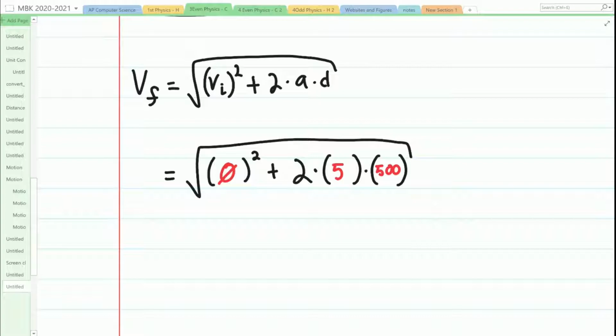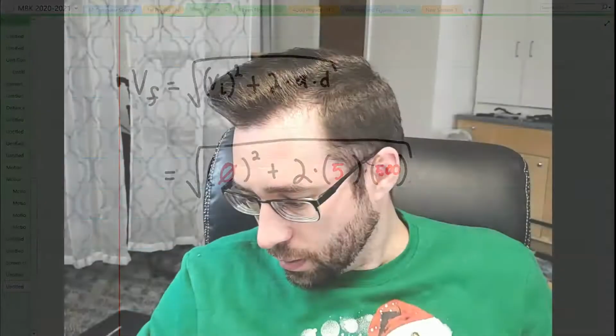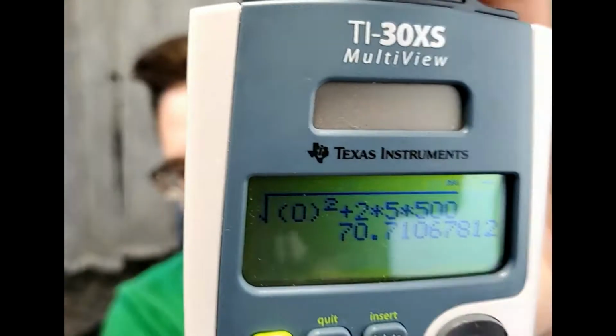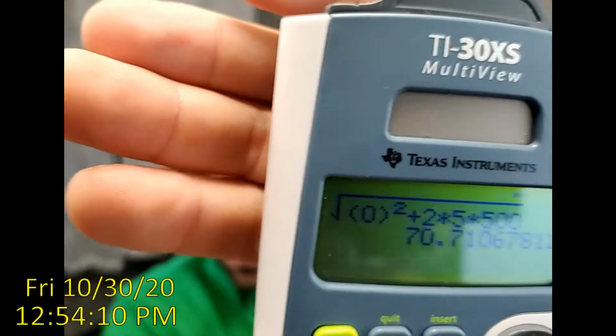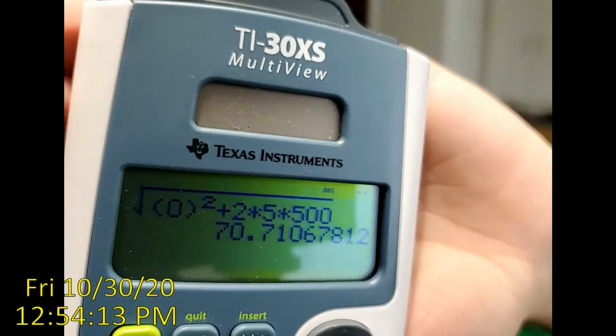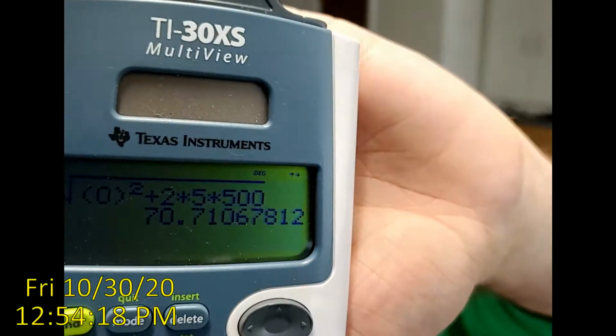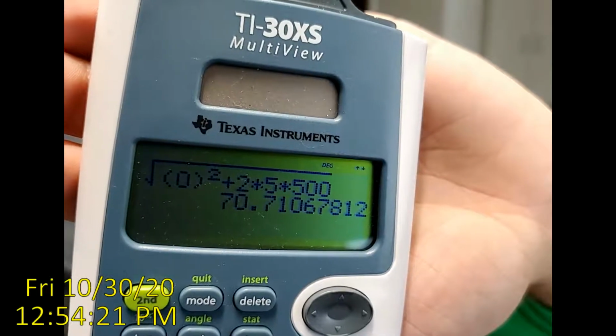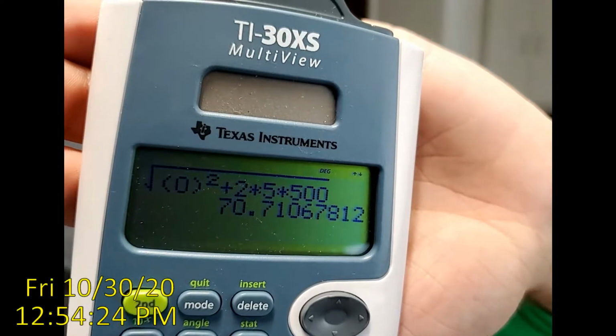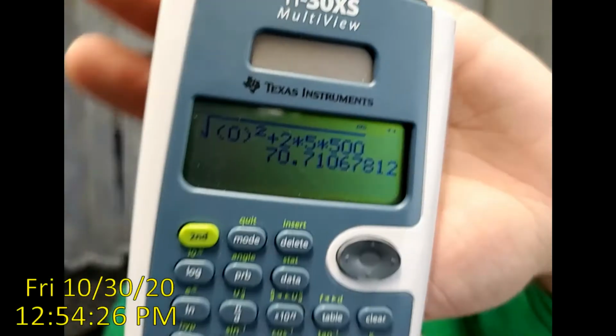So it would look like that. You can see that, it's moving backwards for me. The square root is over top of everything. So I get approximately 70.7.